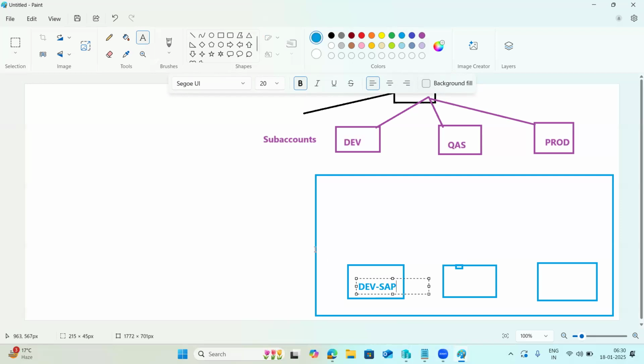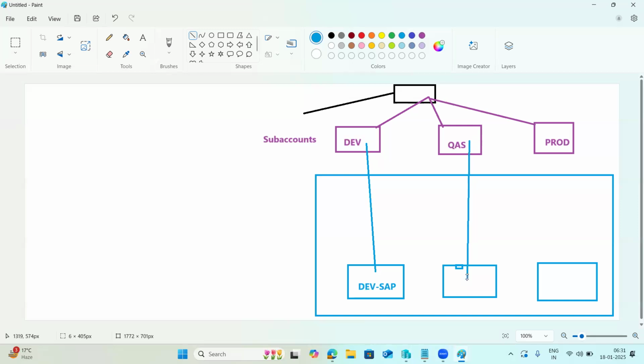You want to consume services of these BTP accounts from the backend SAP systems.